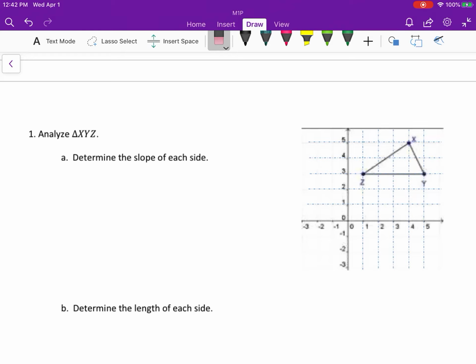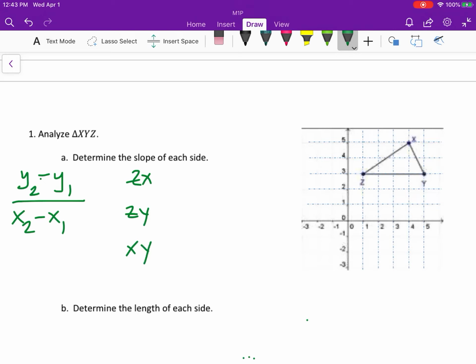Remember your slope formula, you can either count it or look at it, or remember that your slope formula is y2 minus y1 over x2 minus x1, and you can identify all the points on here and actually figure out the slopes. So you would actually have to figure out the slope of each side. So you'd go the slope of ZX, then you would do ZY, the bottom, and then XY, the other side.